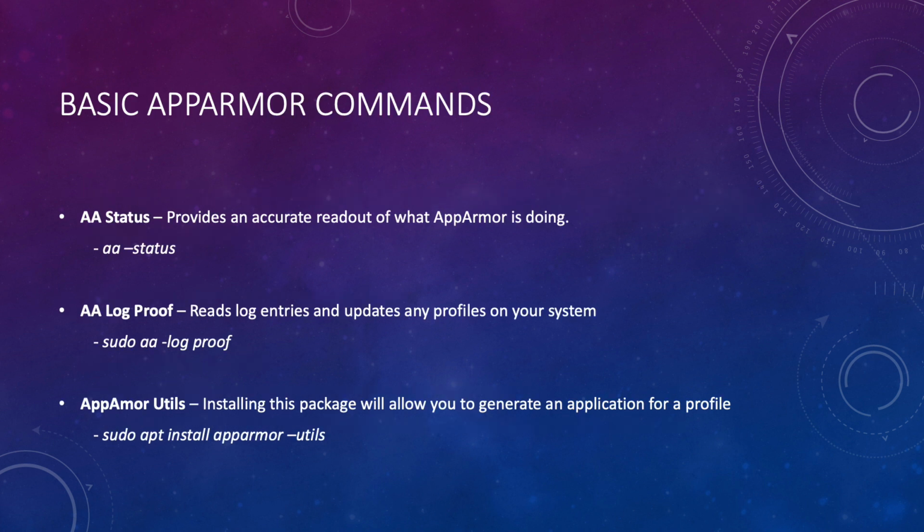Here we're going to review just some basic commands of the actual service within AppArmor. The first one we're going to talk about is aa-status, which provides an accurate readout of what AppArmor is doing.